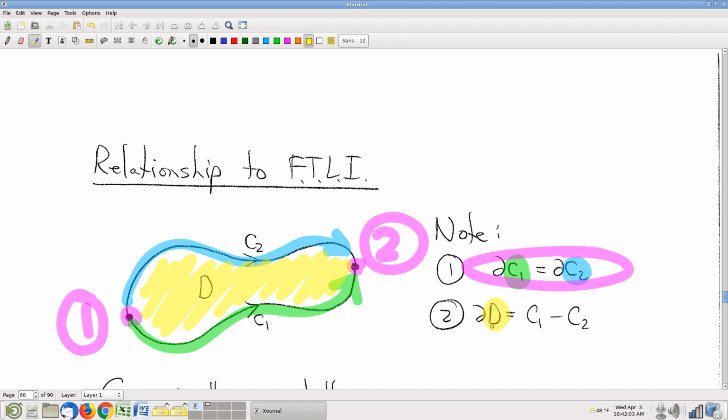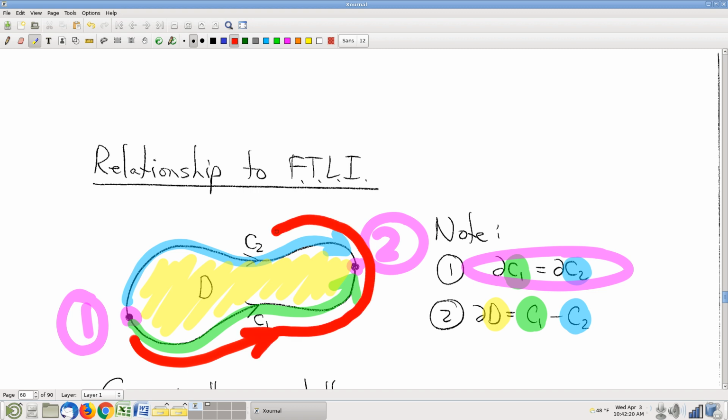The boundary of D is, let's think about it. I claim it's C1 minus C2, and here's why. That boundary of D, keep in mind the rules for the boundary of D: you go around the outside, right, but in such a way that the region is on your left.